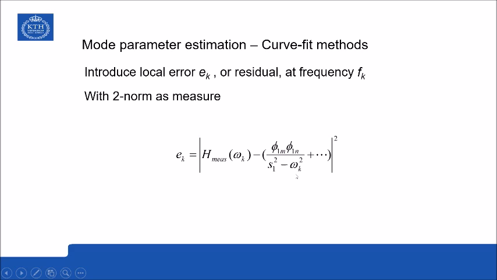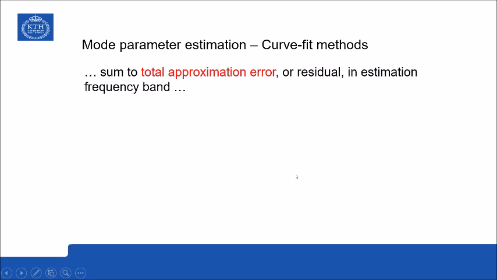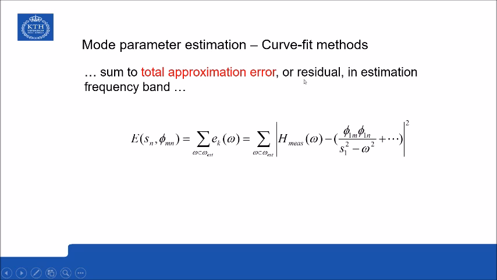Next step is to sum the local residuals over the estimation frequency band to get the total approximation error, or total residual, in the estimation frequency band.